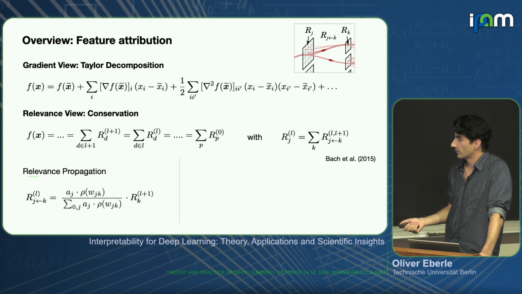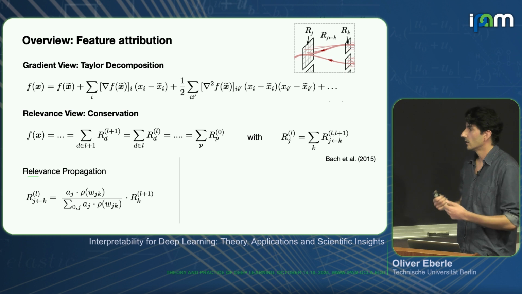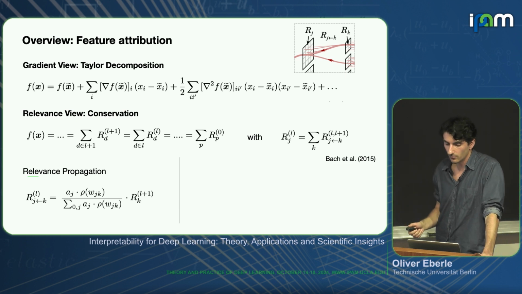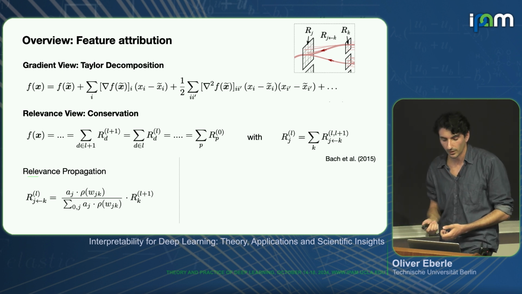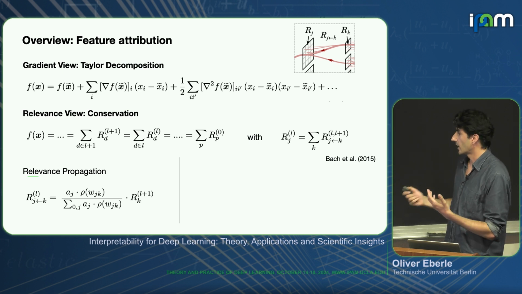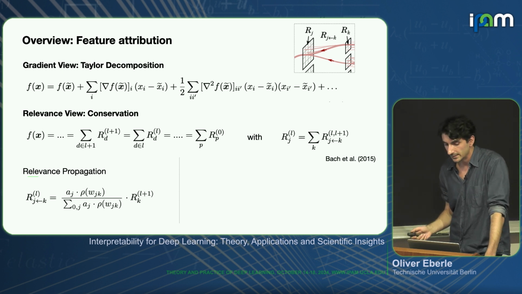Sometimes it makes sense to introduce some functions here to slightly change the value, or the way the weight is being represented. But usually it's some proportion of this factor here. And then you want to normalize by all incoming relevance so that you keep conservation in place. So this is the more relevance propagation view.